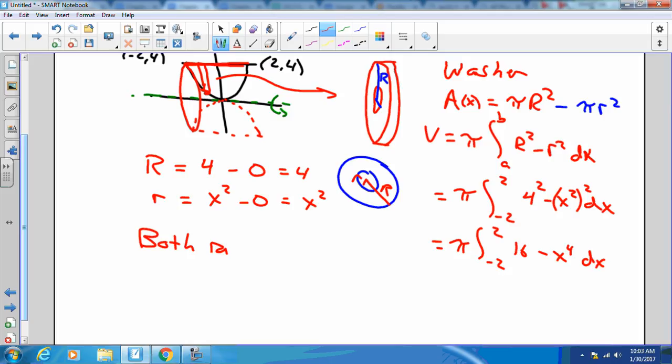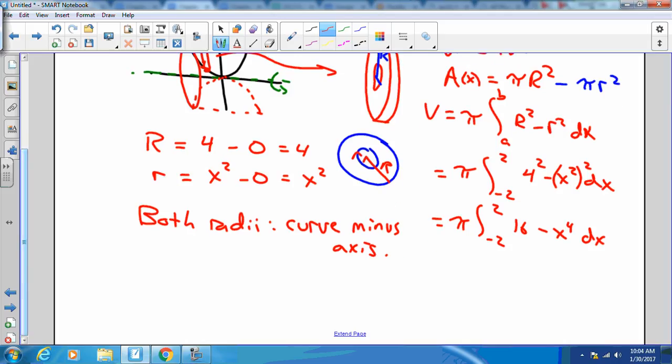Wow, that was a failure on my part. Both radii are computed as curve minus axis. Now, Josh just pointed out a common failure that happens. Sometimes we're so happy to find our radius that we forget to square it. So I did that. I just illustrated that for you.